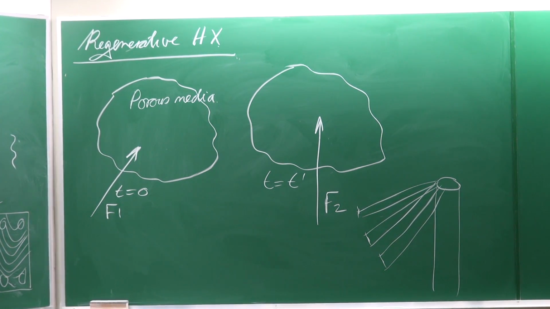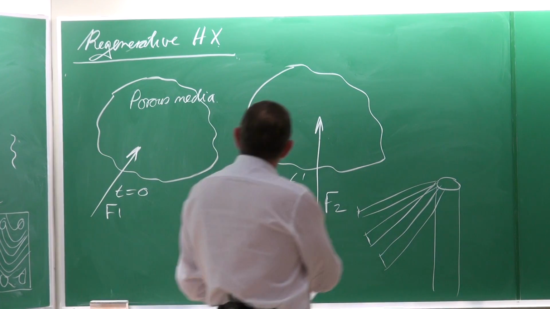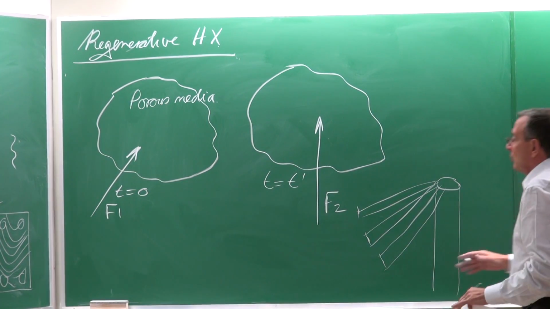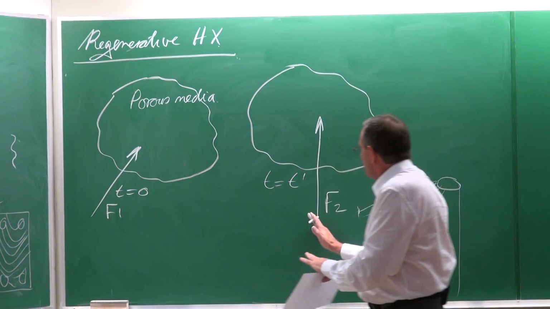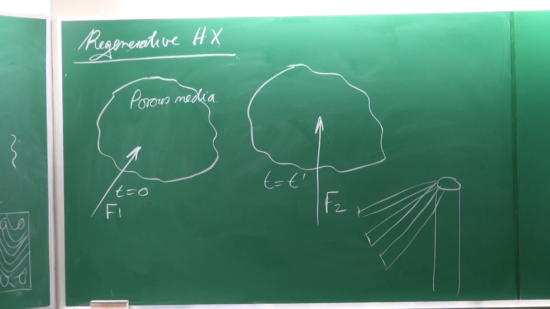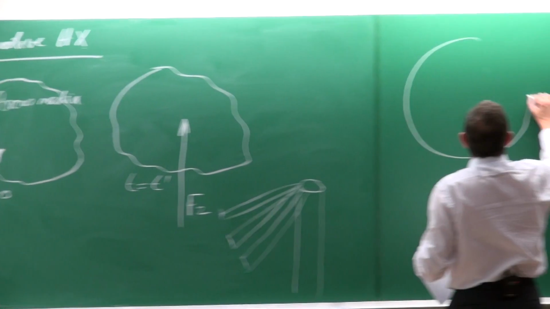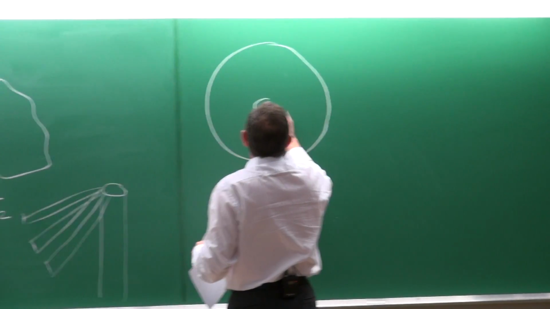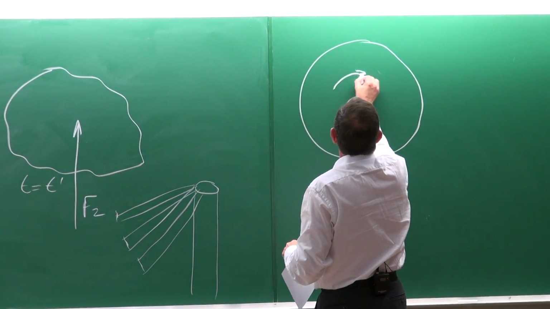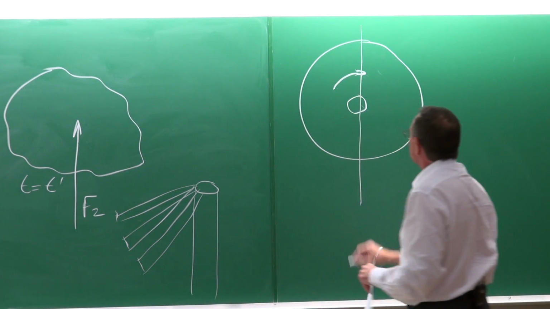So this is one type of configuration, but you can also have configurations where the two fluids go through the porous media at exactly the same time. Normally this is done in the form of a wheel which is being rotated at a small velocity.